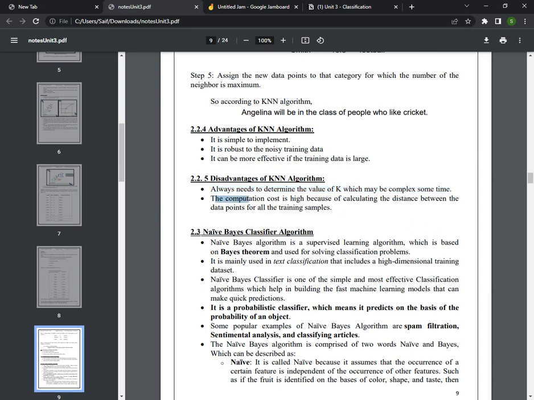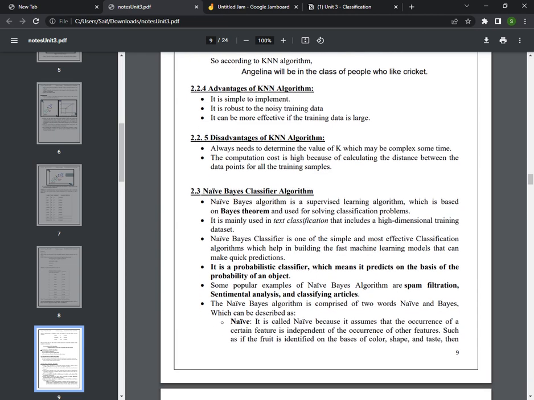We will require a computational cost for calculating the Euclidean distance. Euclidean distance has a large formula that our human mind can take 10 to 15 minutes to solve. So the computational cost would be high here as well. And these are the advantages and disadvantages of KNN.